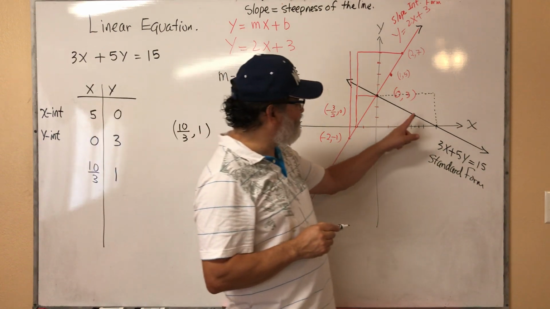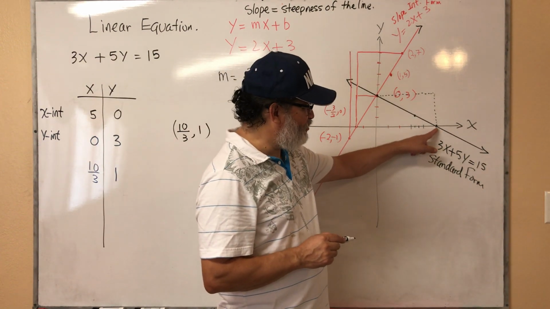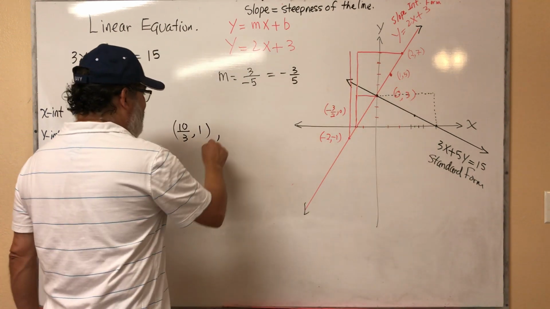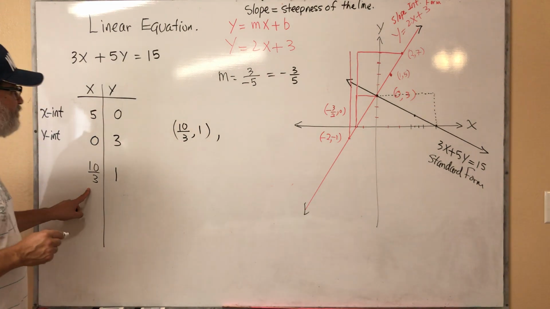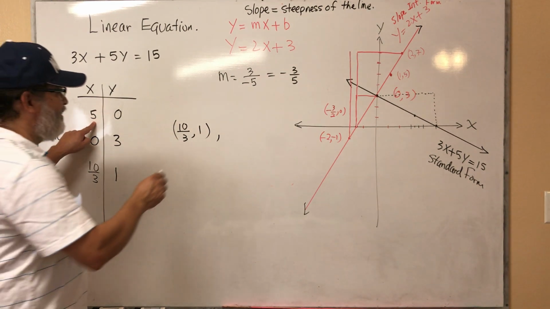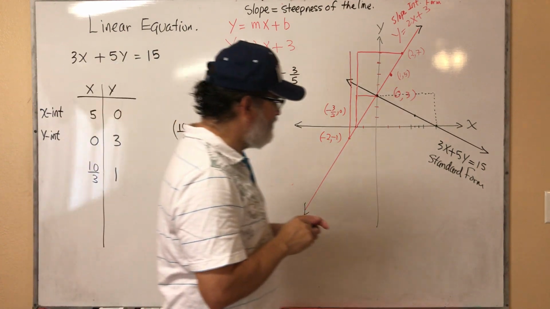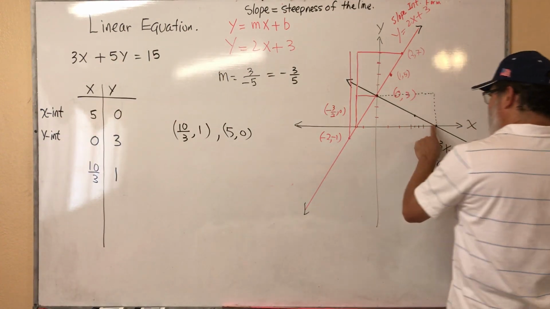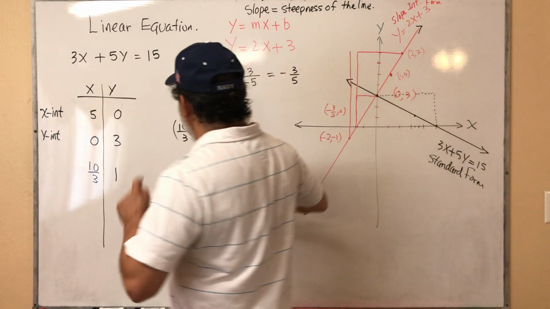That's this point right there. And that point, what is it? 5, 0. And we're going to use the slope formula.